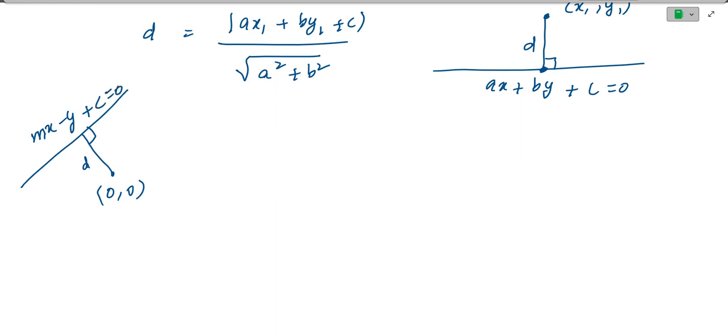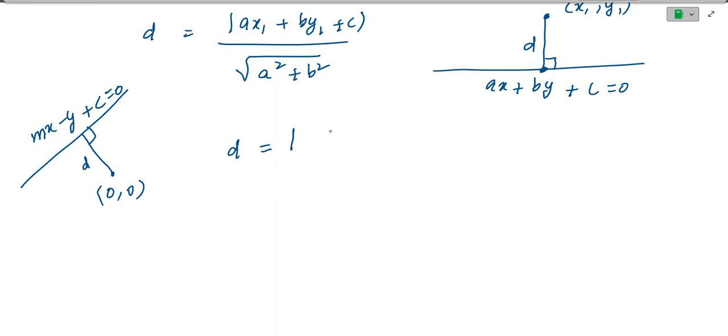The same equation can be written in this format also. Now I will apply the above concept to get the d value. D is equal to, substitute 0 comma 0 in place of x and y in the given expression, that is mx minus y plus c.